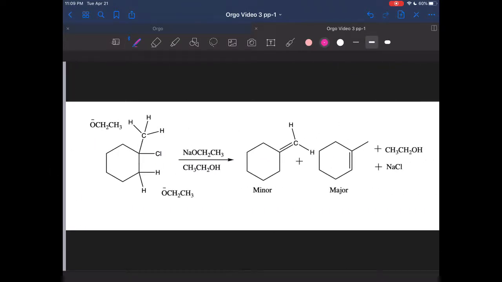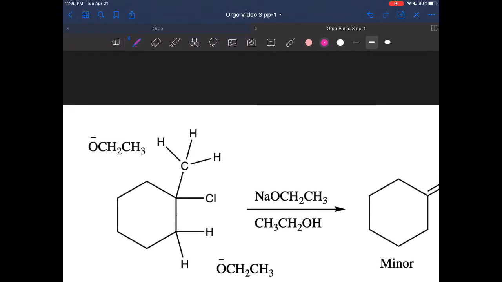In this example, we have our bond formed over here between this oxygen and the hydrogen. Our bond between our hydrogen and our carbon will break. And this bond will go here, forming our double bond. The chlorine will leave.